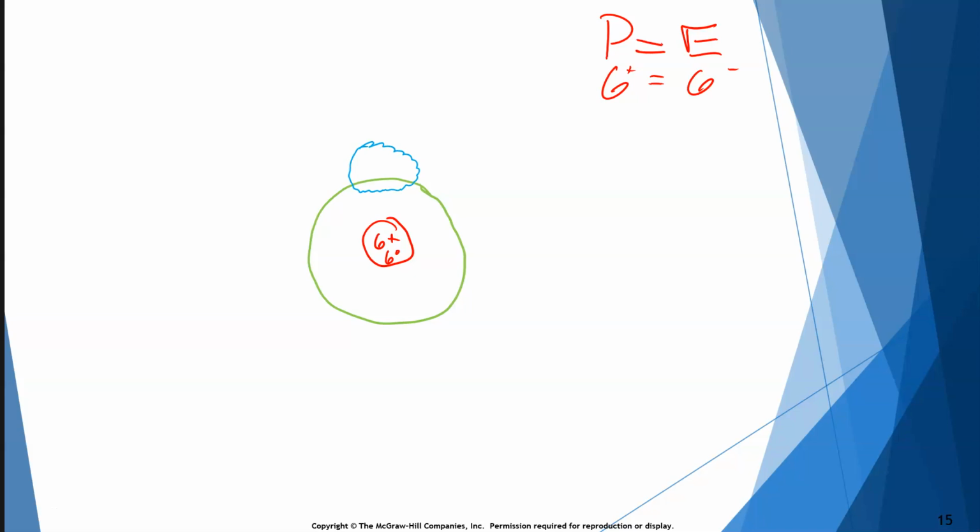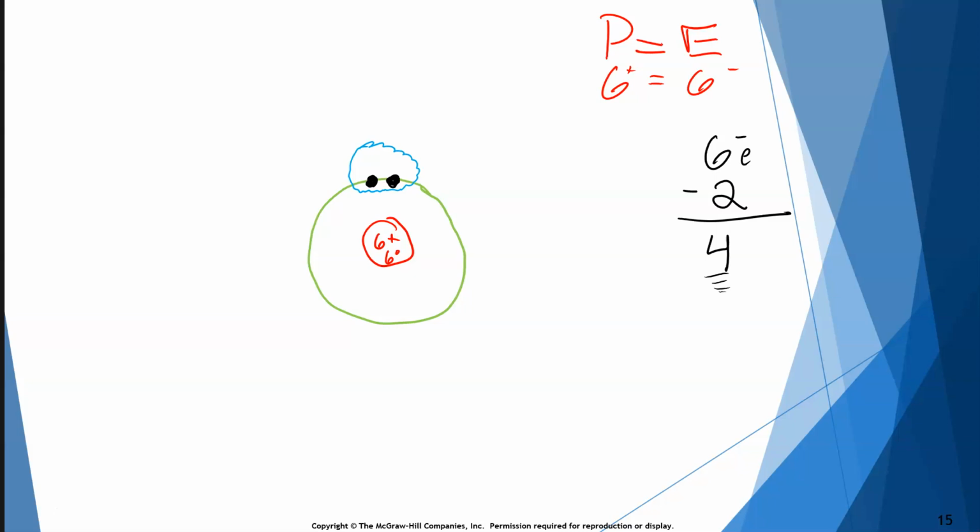Now, we want to fill up the first orbital or the first shell before we build another shell. So let's go ahead and put our electrons in the orbital. So we got 2 electrons right here. Now remember, we started off with 6 electrons. We just added 2. So now we have to find somewhere for those next 4 to go.